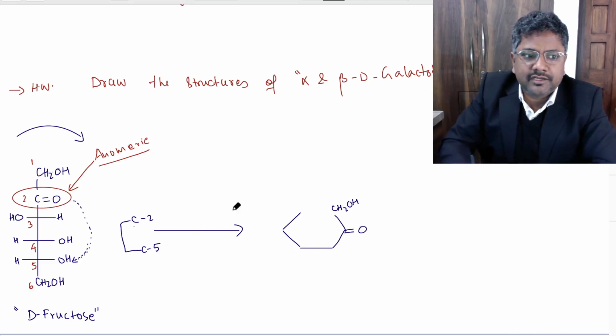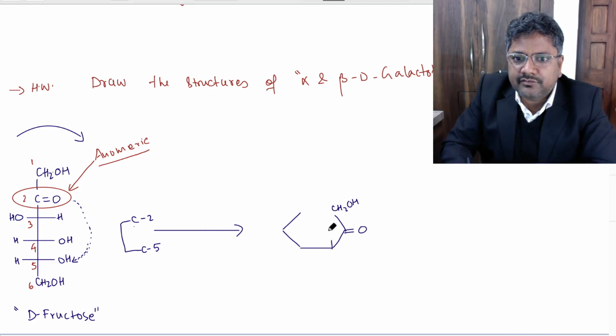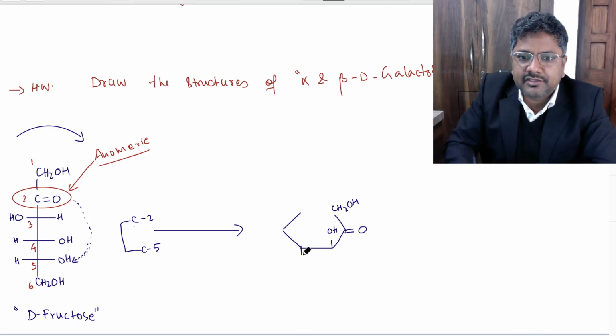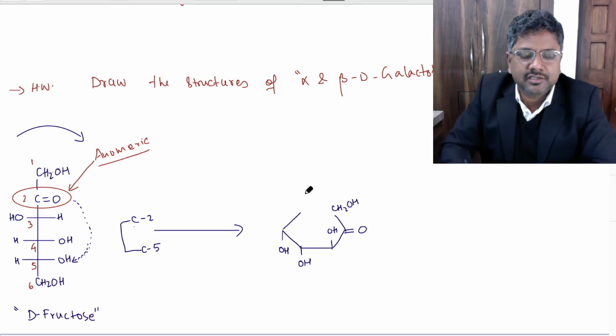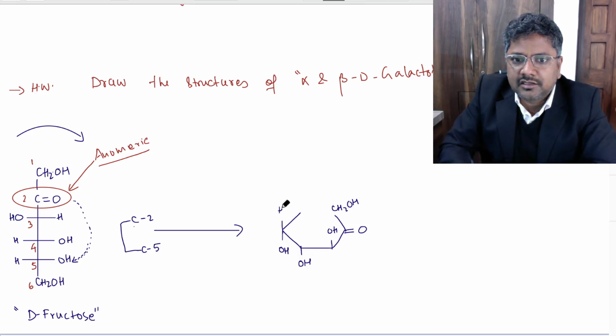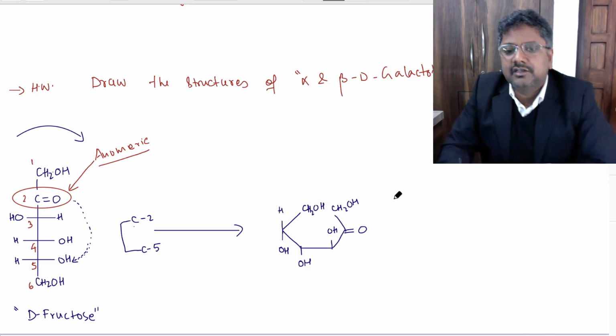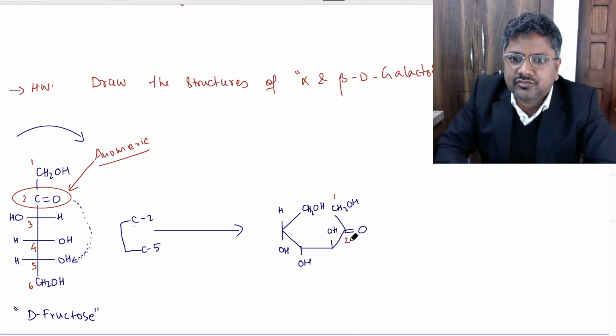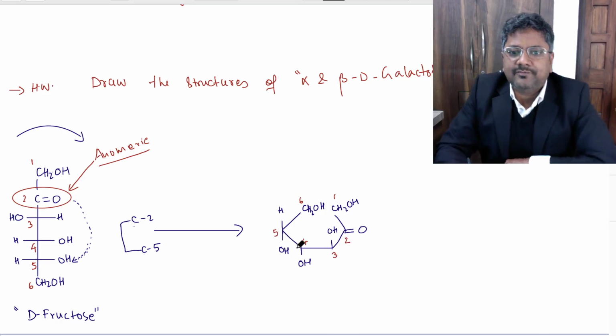So if we are doing like this, OH will go up, and 4 and 5, these two OH are coming down, right? And H, CH2OH. So see, this is 1, 2, 3, 4, 5, 6.